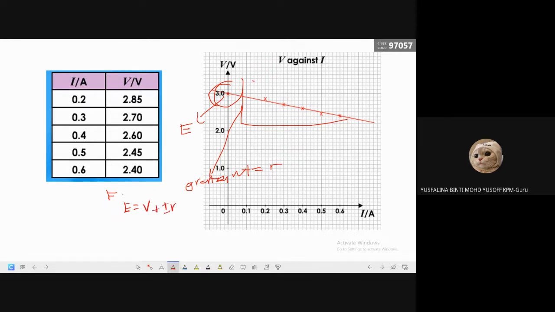If we compare with y equals mx plus c, your E is y, your x is I, and your m is R. m is the gradient, so your gradient is equal to the internal resistance.